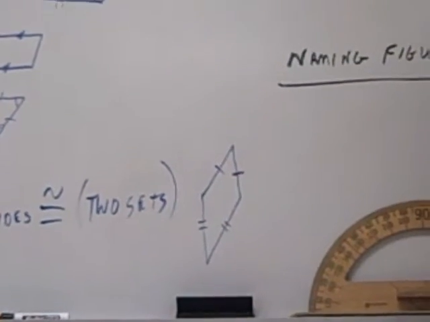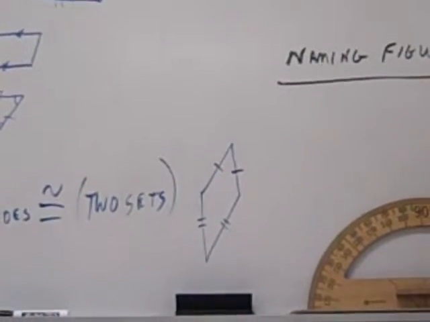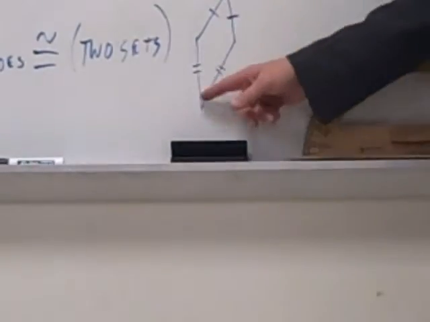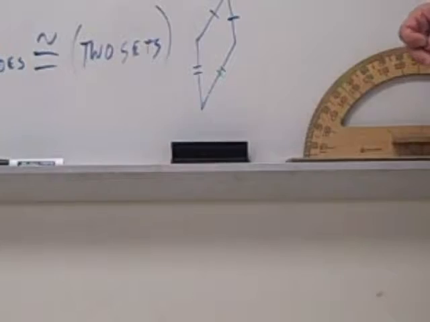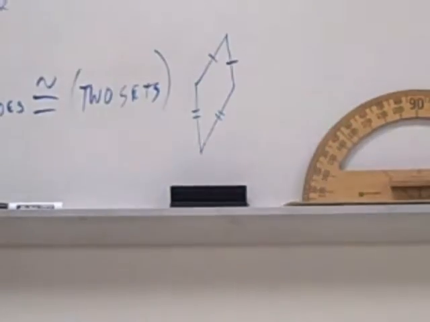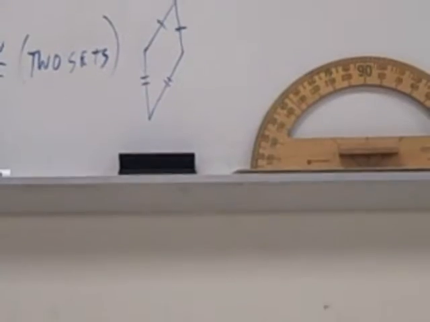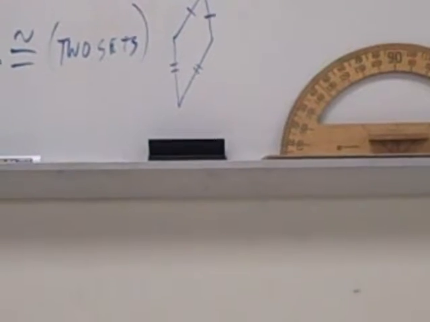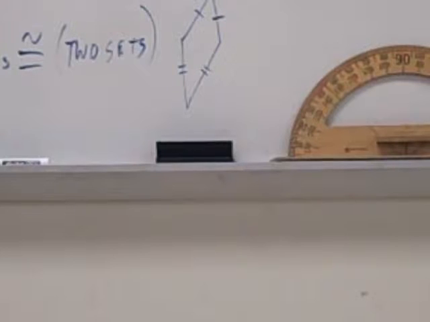Now, we could say something else about the angles. What do you see about the angles, y'all? 2 cute and 2 cute. Yeah, but what do you think? Opposite angles are congruent? Or just 1 set? There's 2 sets of the same angles.